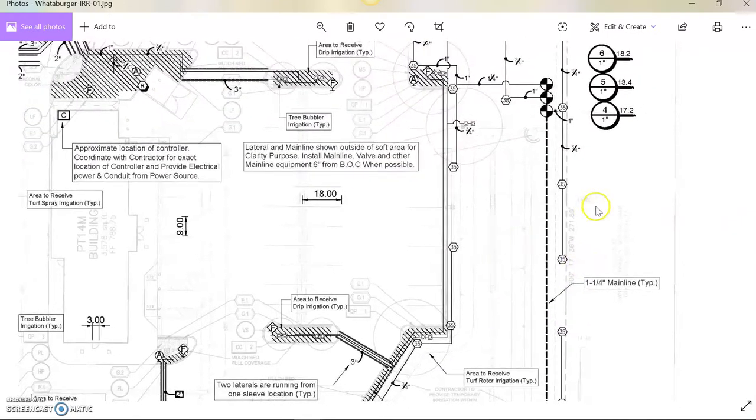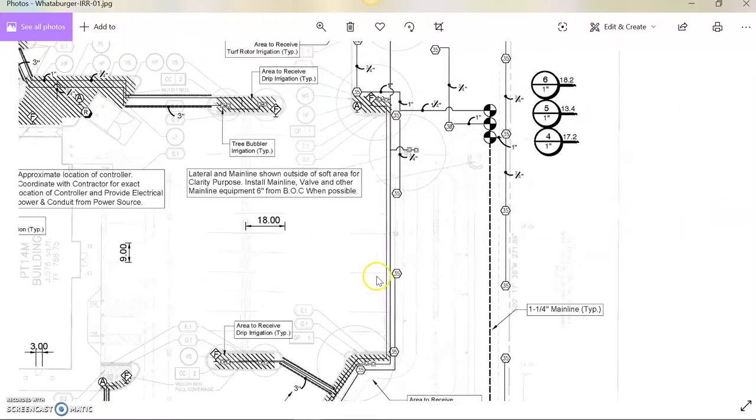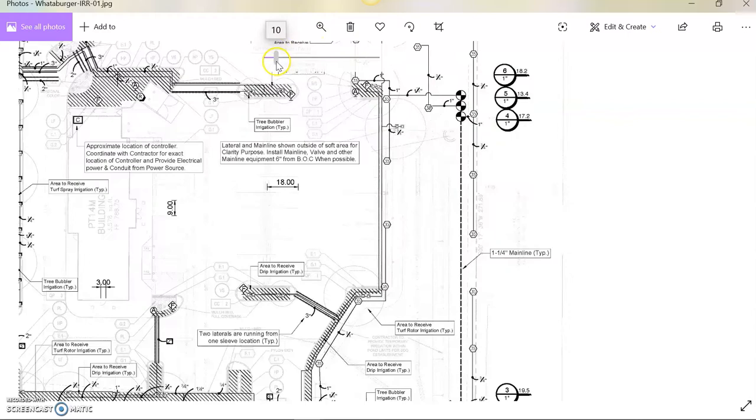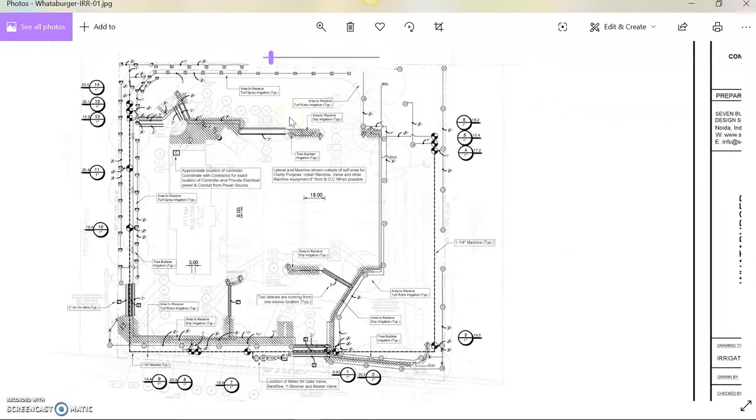So I'm finalizing this plan. This is how we make it: first we determined the plot area, then the system capacity, then we selected the sprinklers, and then laid out the sprinklers according to the distance.